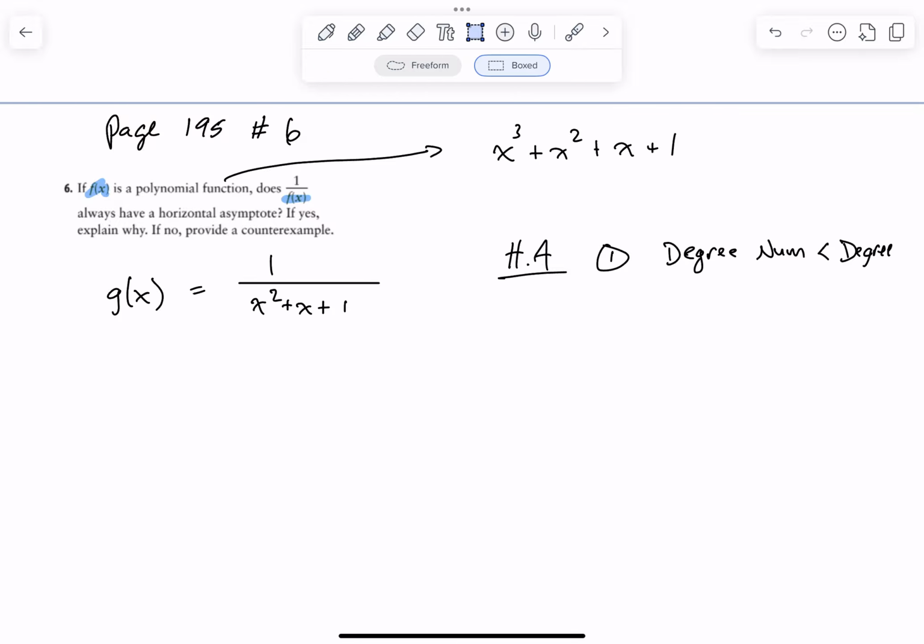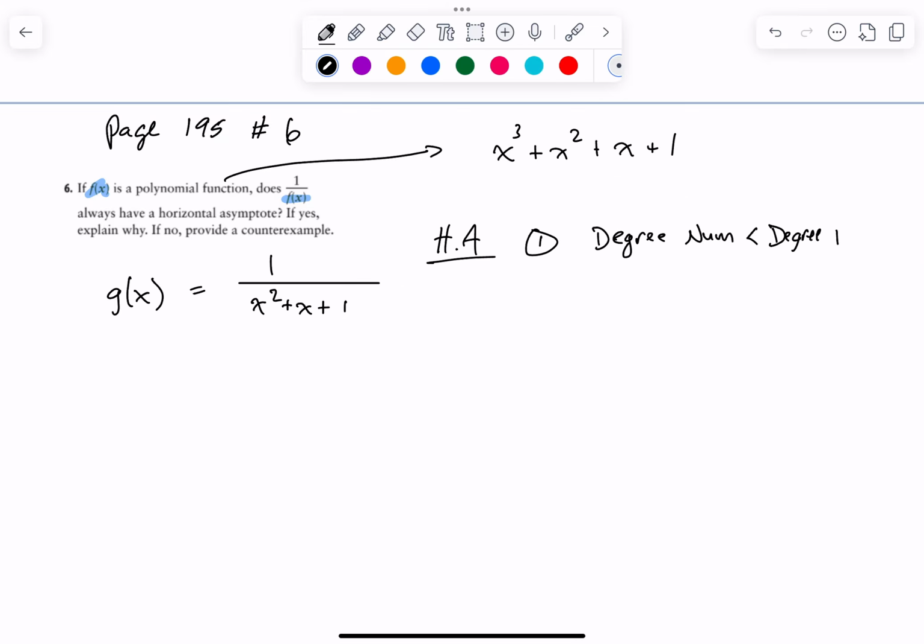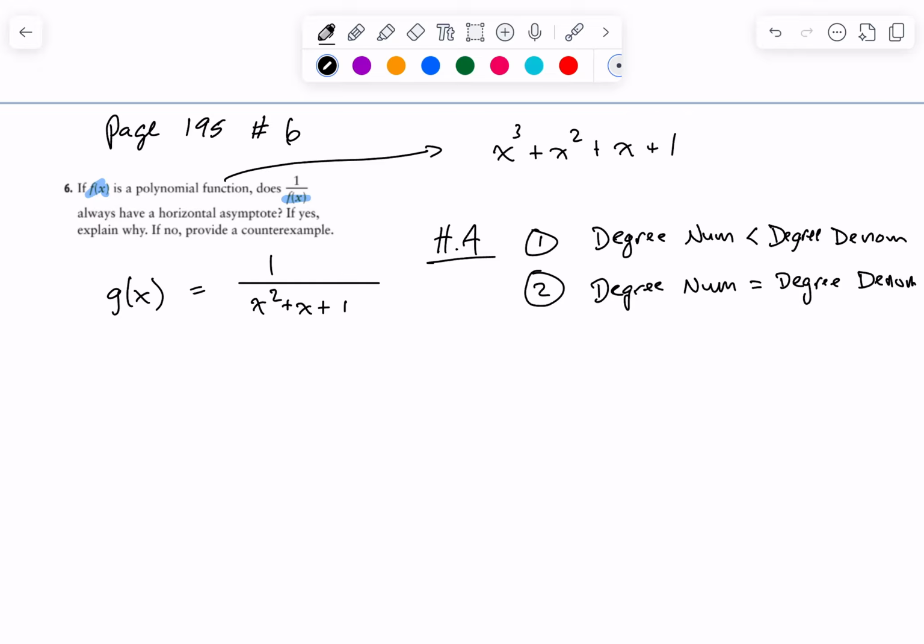We'll move this over so I can summarize all this. We can also have a horizontal asymptote in the event where the degree in the numerator is equal to the degree in the denominator. But those are your 2 conditions.